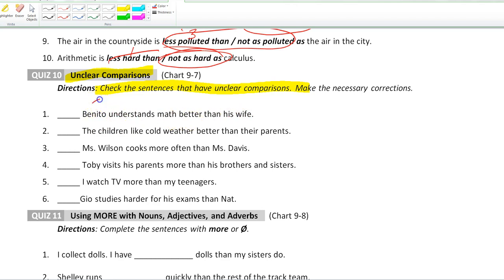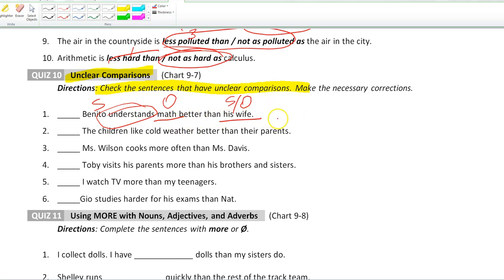So we have the subject, and then we have a noun, and we have another noun after the verb. Well, the problem with that is that a verb can have more than one object. So we know that math is an object. What we need to do is find out if this is a subject or an object.